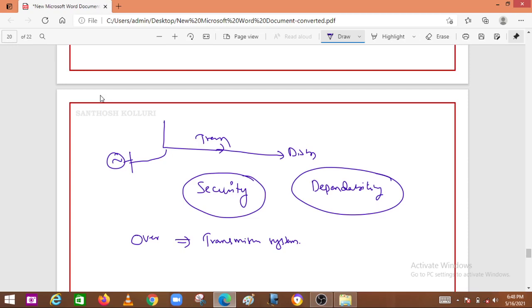But the pickup currents are selected based on the minimum value of the fault current in the protection zone to avoid the underreach problem. To avoid this underreach problem, you have to select the minimum fault current based on its zone of protection. So this is related to overcurrent relays.